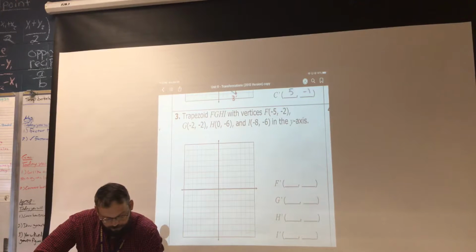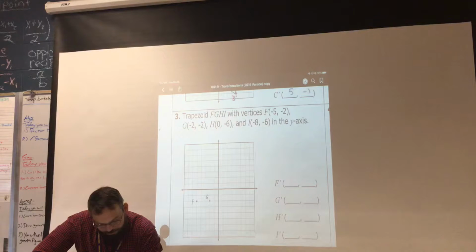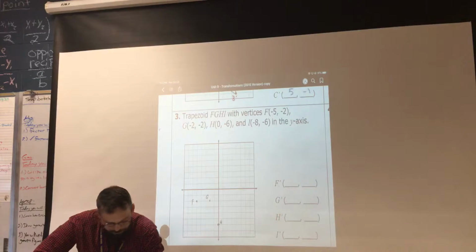So (-5, 1), 2, 3, 4, 5, 1, 2. So there's F. Oh, we're going to do a trapezoid this time. Okay. There's G. 1, 2, 3, 4, 5, 6. There's H. And (-8, -6). 3, 4, 5, 6.